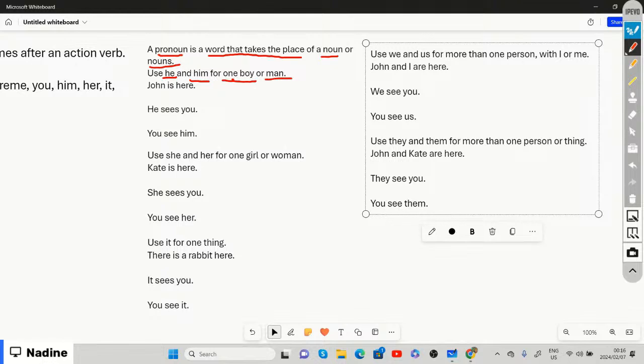John is a subject, it is a noun. But instead of saying John is here, we use the pronoun and replace it, for example, by saying he is here. Then we have another one, he sees you. The word you comes after the action verb, which is sees.